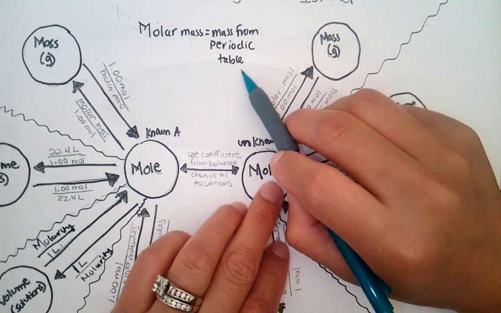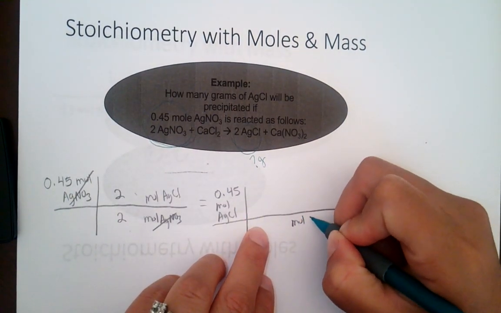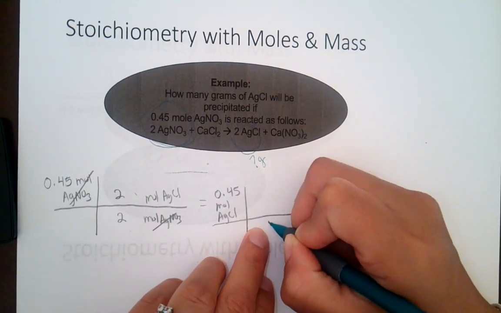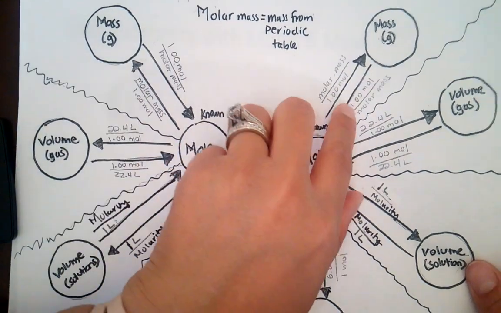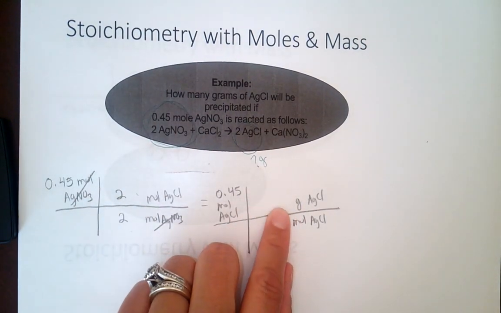And remember, the molar mass is the mass from the periodic table. So we got rid of moles of AgCl. That's going to go at the bottom. And now we want grams of AgCl. And it's going to be the molar mass over 1 mole, as you can see. So the molar mass is what we find in the periodic table.